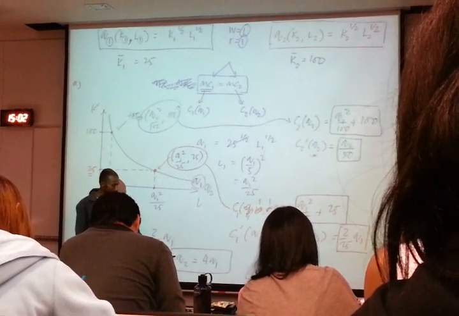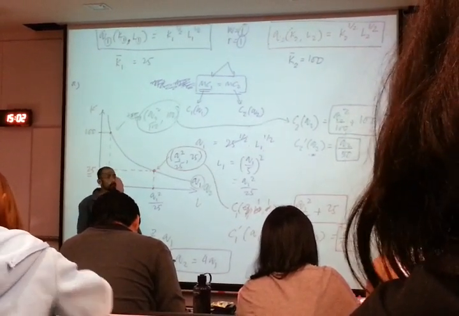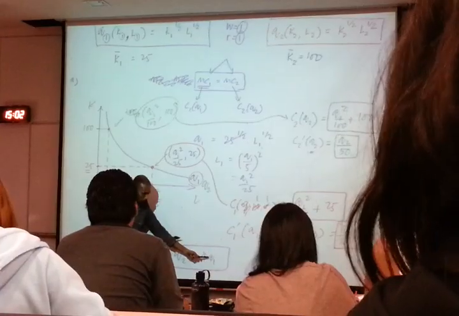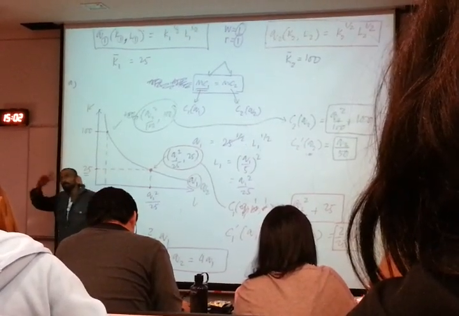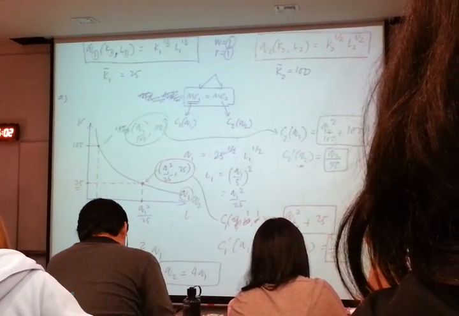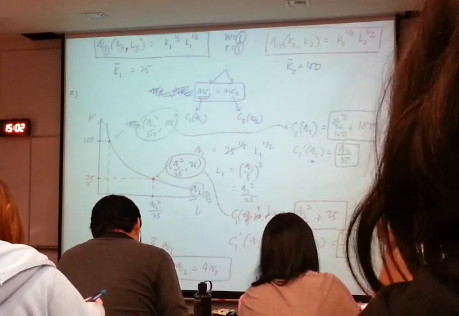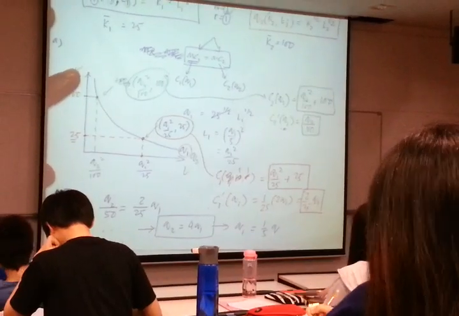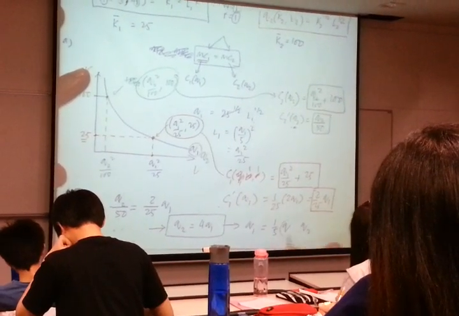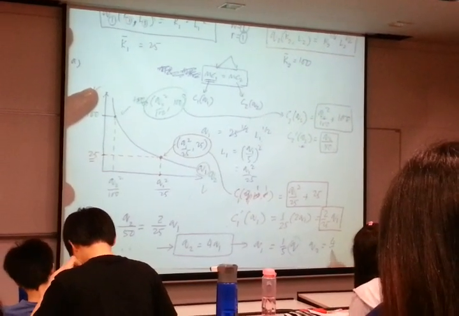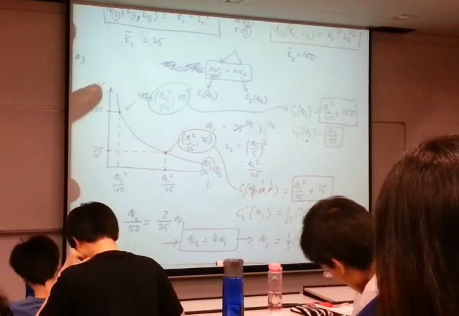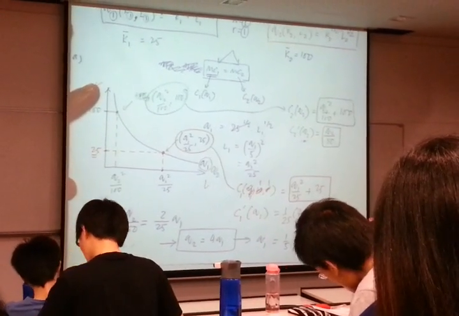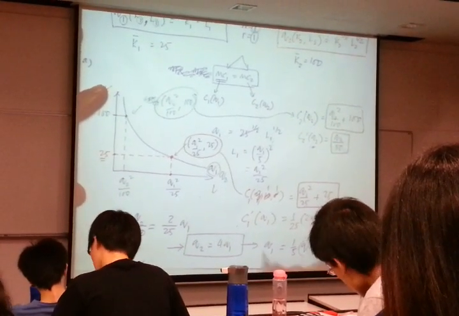For every unit of output you produce in plant 1, you should be producing 4 units of output in plant 2. Here you get Q1 is equal to 1/5 of Q, and Q2, whatever the total output is, 4/5 of Q. 20%, 80%. And you ask me, how do I get this answer?